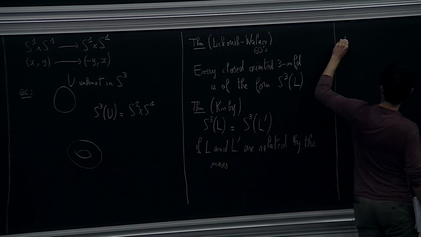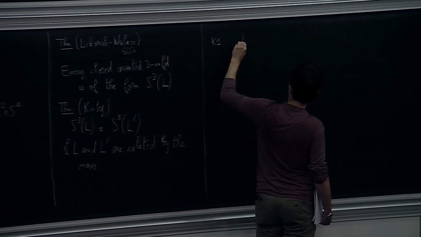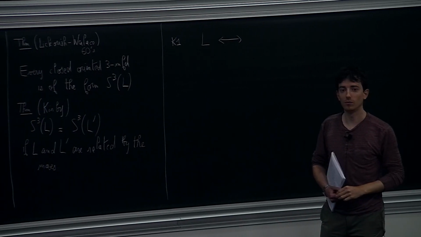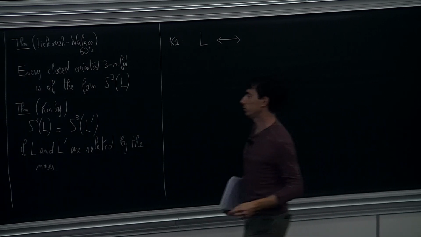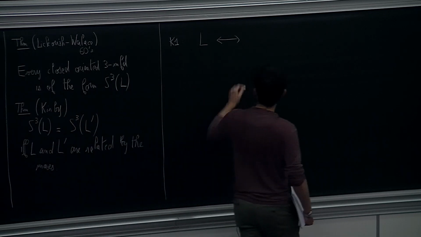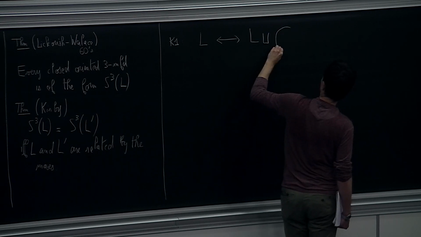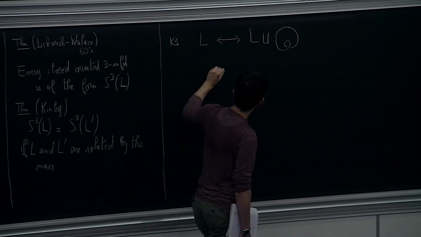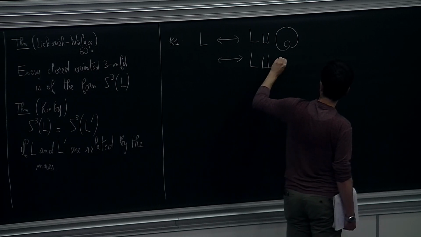So the first move, K1, is to add a plus or minus one framed unknot disjoint from the rest of the link.